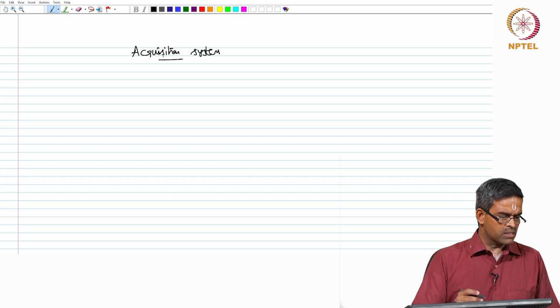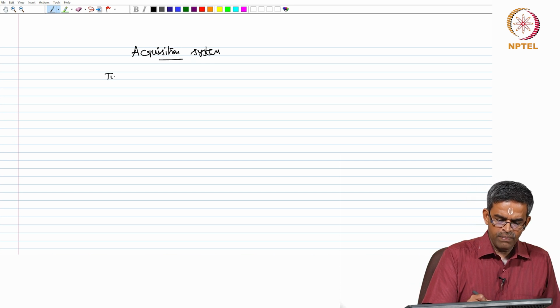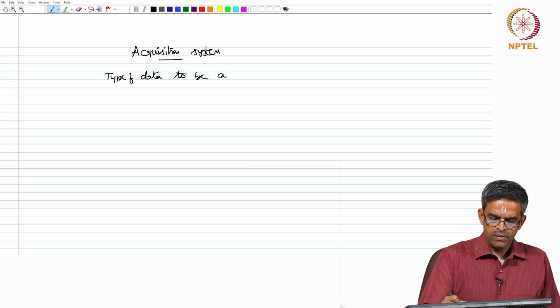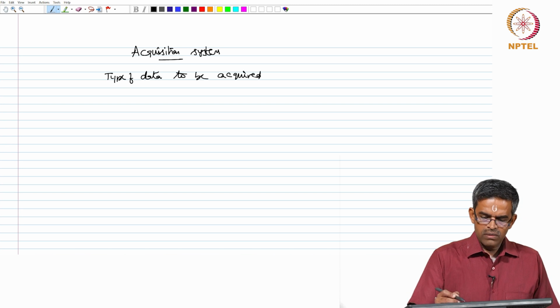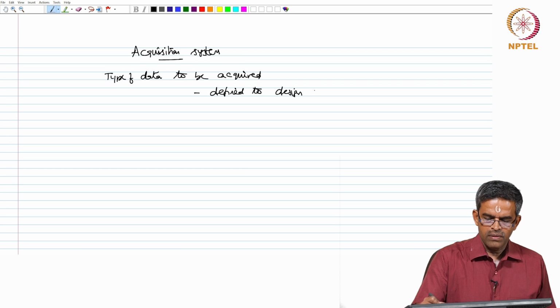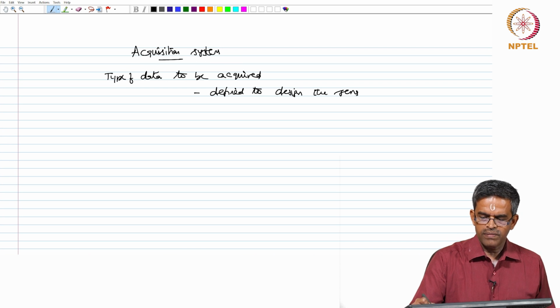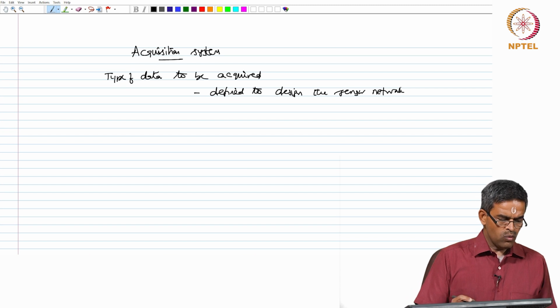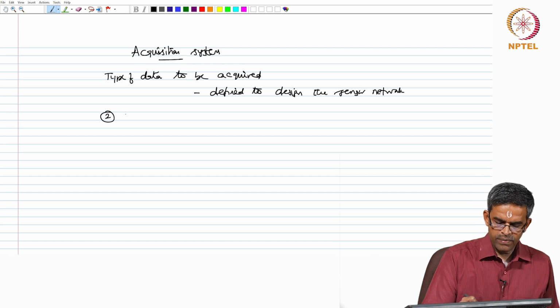Now, the acquisition system depends on the type of data to be handled. Okay. So, this should be defined to design the sensor network system. There are two types of data mainly.